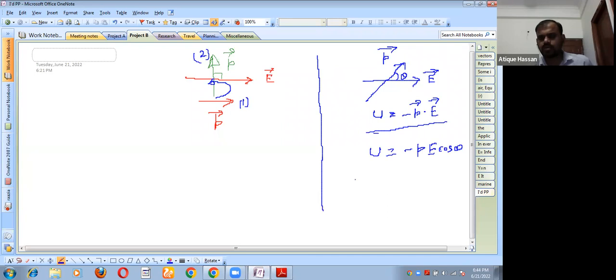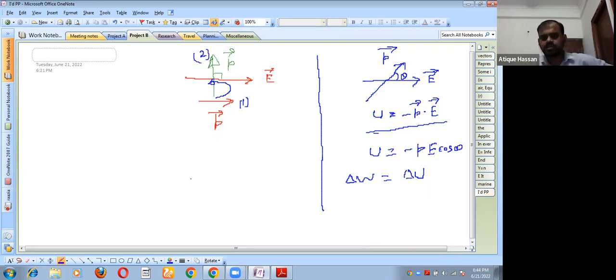So the formula for potential energy is minus P dot E. You can put it like this: minus PE cos theta. Now we all know from class 11 that work done is always equal to change in potential energy. Is it so? Same as gravitation.